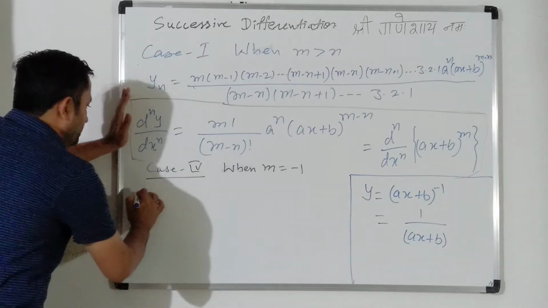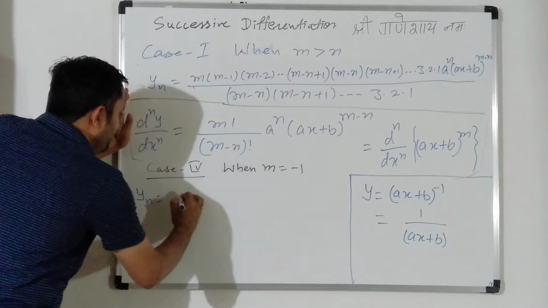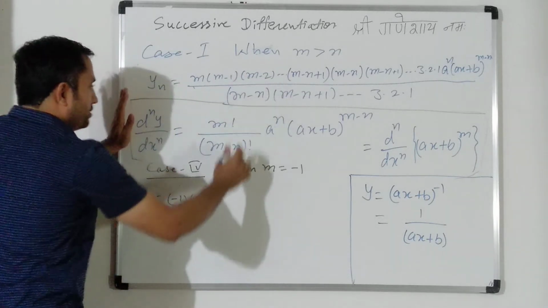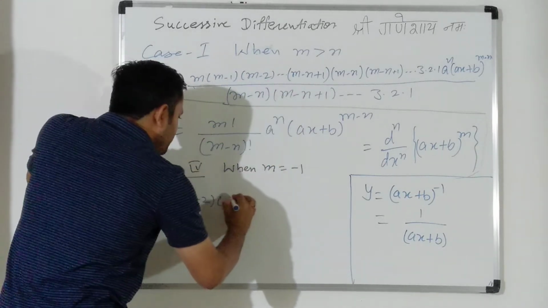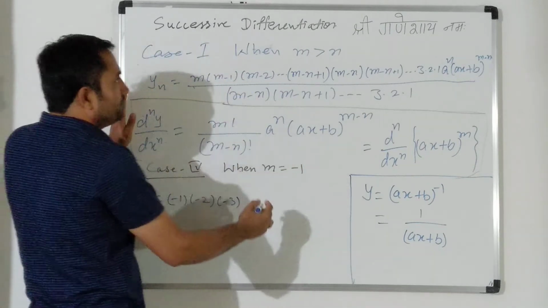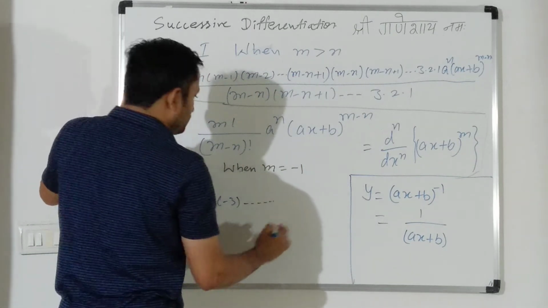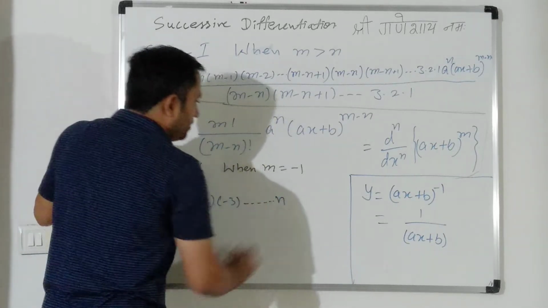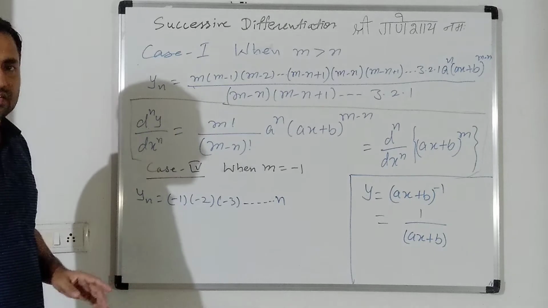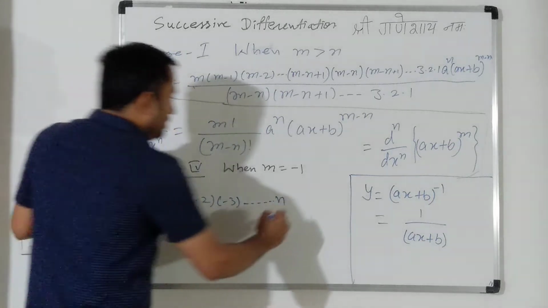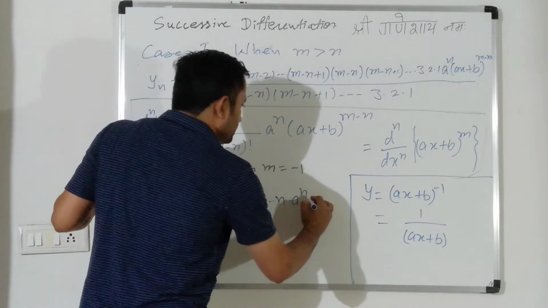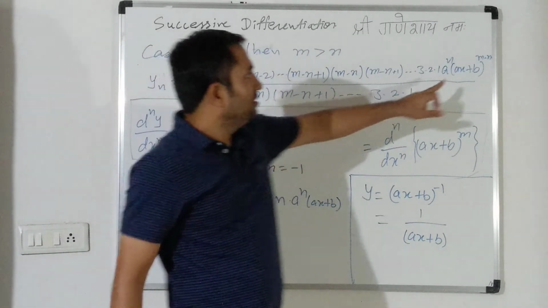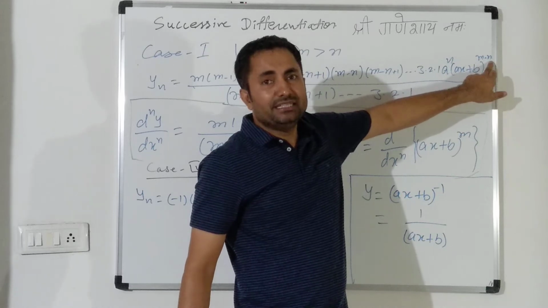So yn will be minus 1, minus 2, minus 3, up to n, the nth derivative we are talking about, and this will be a to the power n, ax plus b to the power minus 1 minus n.